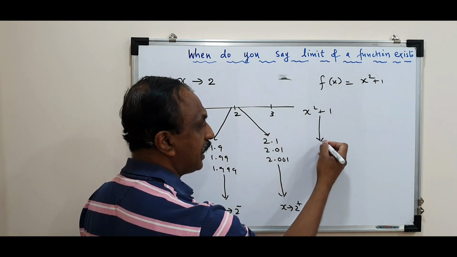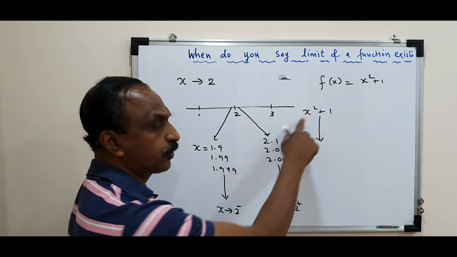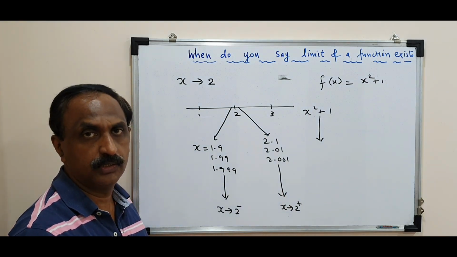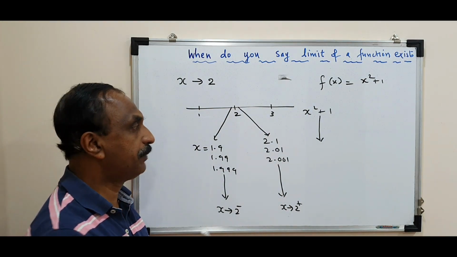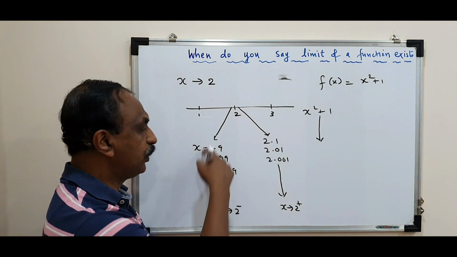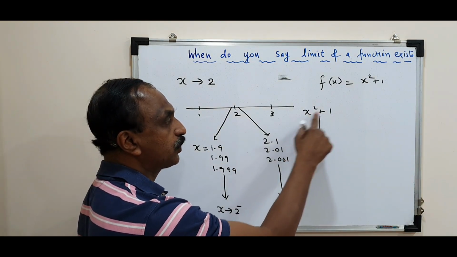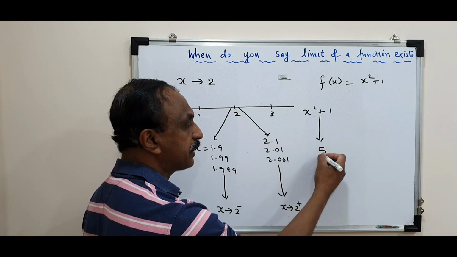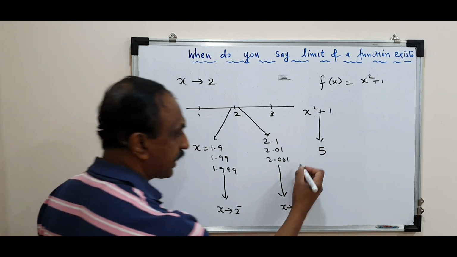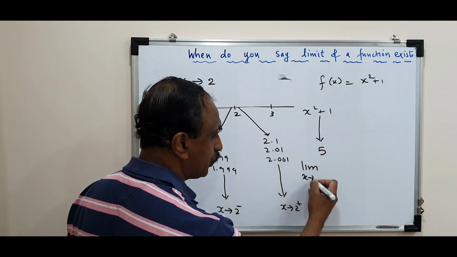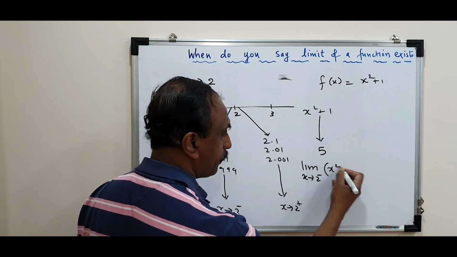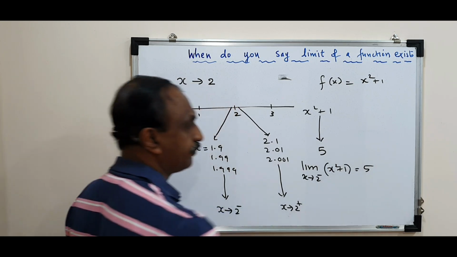Add 1 to it, I'll get 5. 1.99 square is near to 4. Add 1, again 5. That means when x takes these values, the value of x square plus 1 will always approach 5. So I write limit x tending to 2 minus of x square plus 1 is equal to 5.